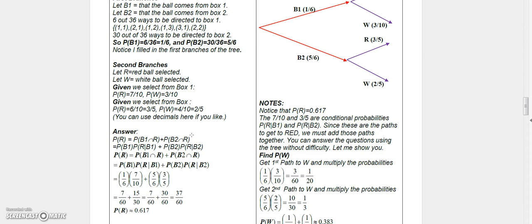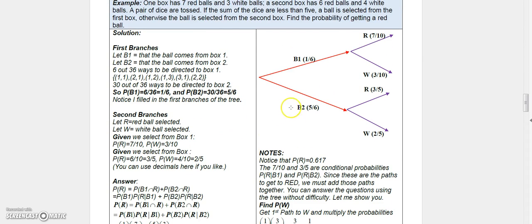Now, the answer to our question: what's the probability of red? Notice there are 2 ways to get a red ball. You can select from box 1 and get a red ball, or you can select from box 2 and get a red ball.